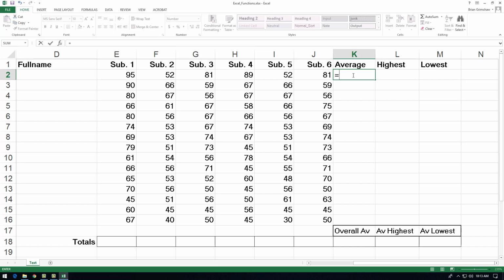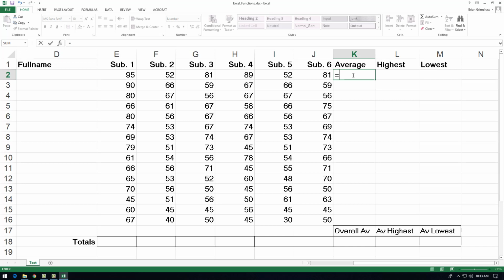The name of the function, which is where you tell the computer what function you want it to perform, and the argument of the function, which is where you tell the computer what cells or what numbers to include in that function. So there's a name and an argument. The name always goes first.